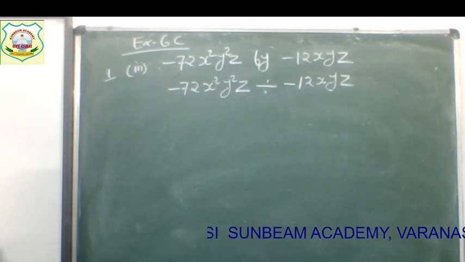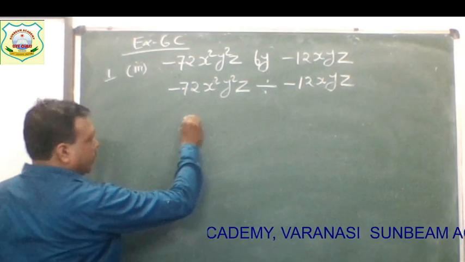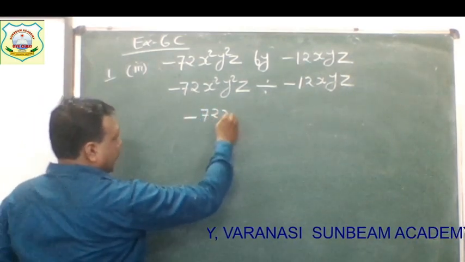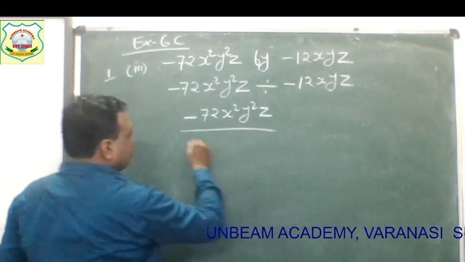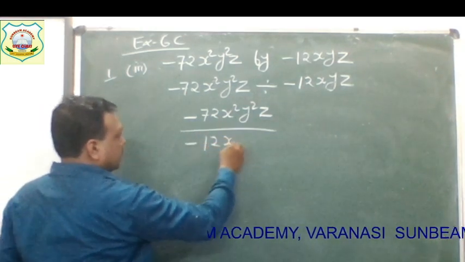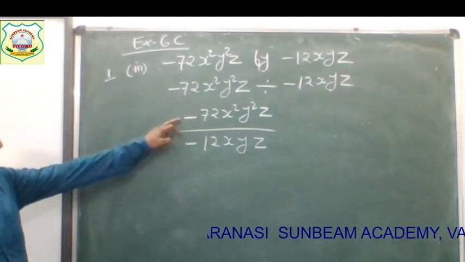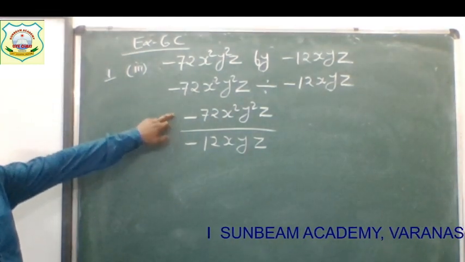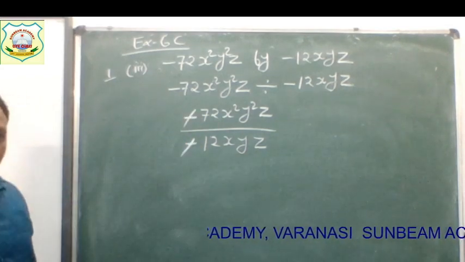After that, students, in fraction form, minus 72x square y square z upon minus 12xyz. Students know, if minus is in both numerator and denominator, it will be cancelled. Okay, we have cancelled here.